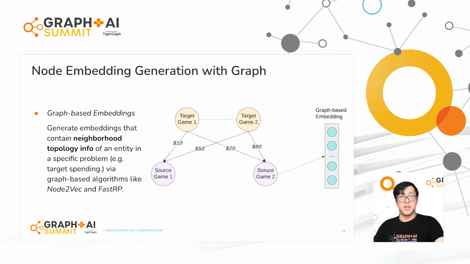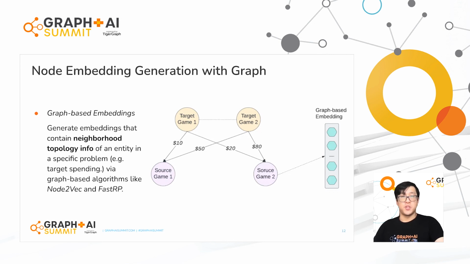Then the advertisers have to pay the publishers for those ad events and spend money in each source game. The amount of money a target game spends in different source games is called the profile of the target game. This profile can be pretty useful to create embeddings.